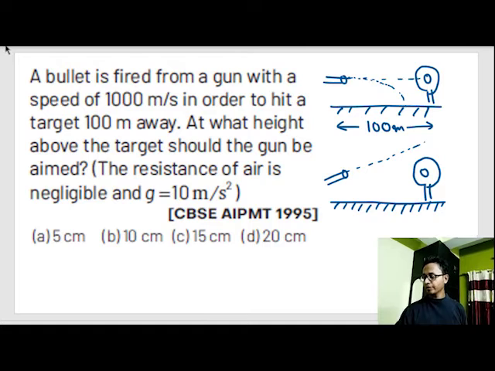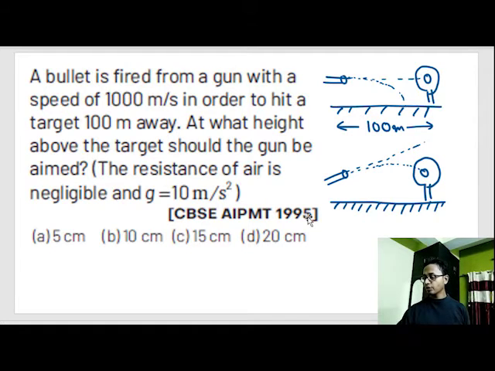When the bullet is thrown a little bit upwards, it reaches the bullseye. The bullet starts from here and reaches the bullseye. So the aim should be a little bit higher.